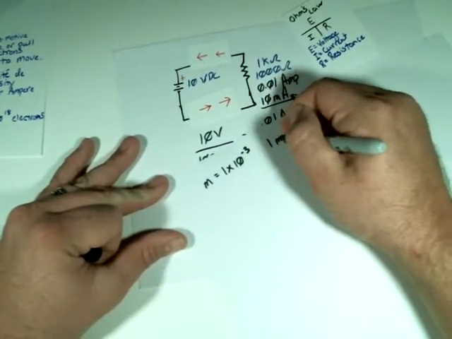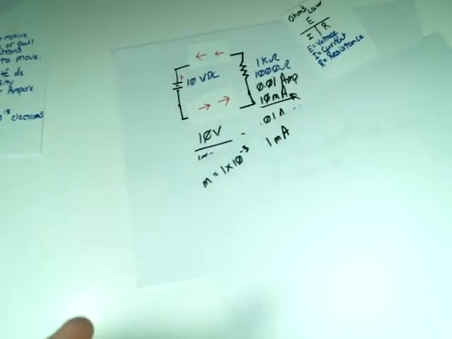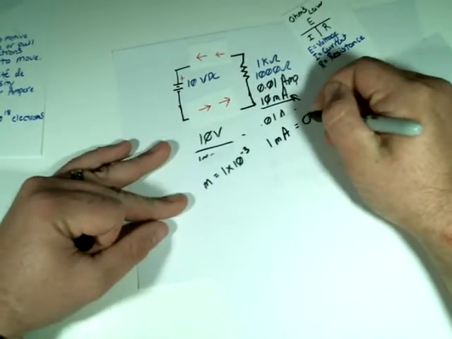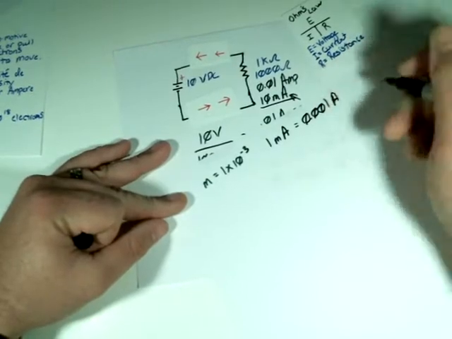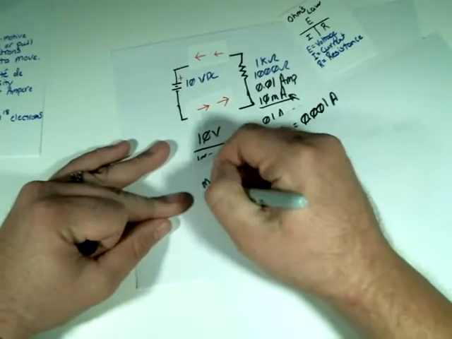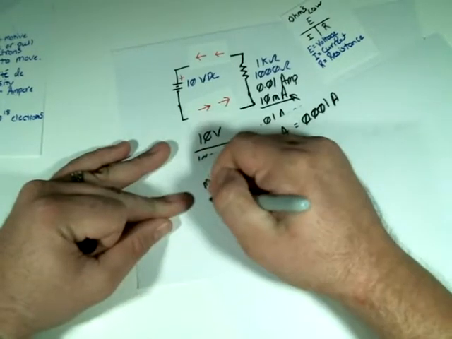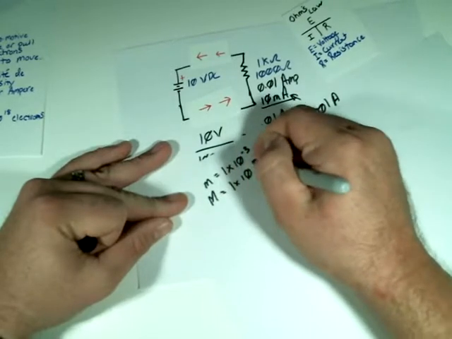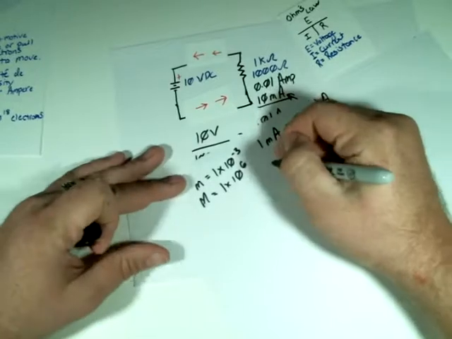So if I was to say there was 1 milliamp, and current is measured in milliamps a lot, that would be the equivalent of 0.001 amps. Now, it's important to know that that's a lowercase m. If it was an uppercase m, that would be 1 times 10 to the positive 6th, which is a million.